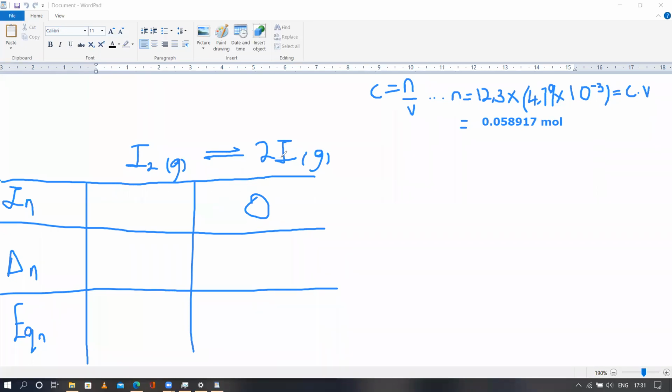So there were no iodine atoms in that container. So your initial value for your iodine atoms is 0. And we calculated our final value here, which is 0.0589117.